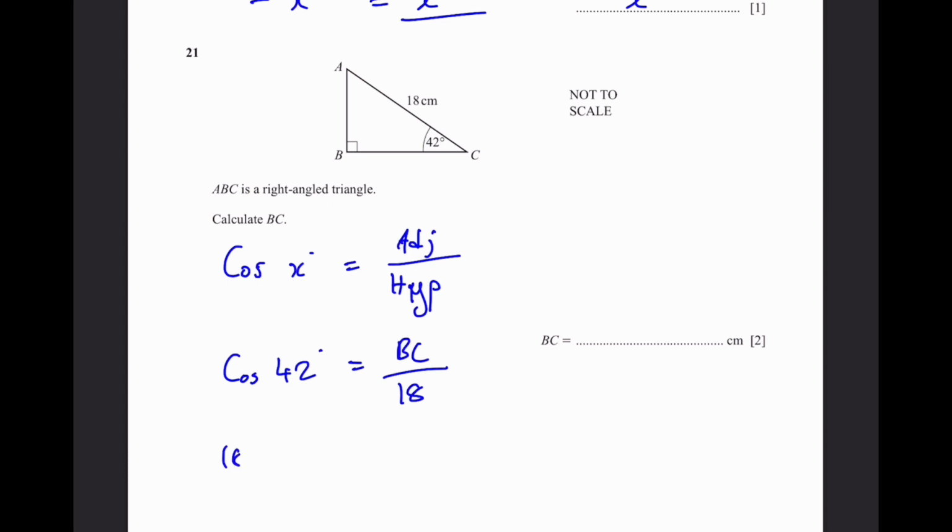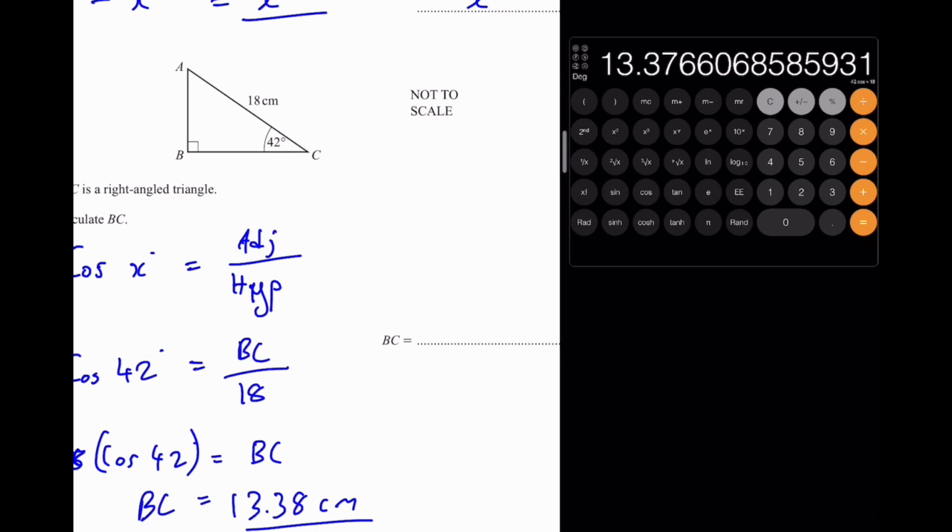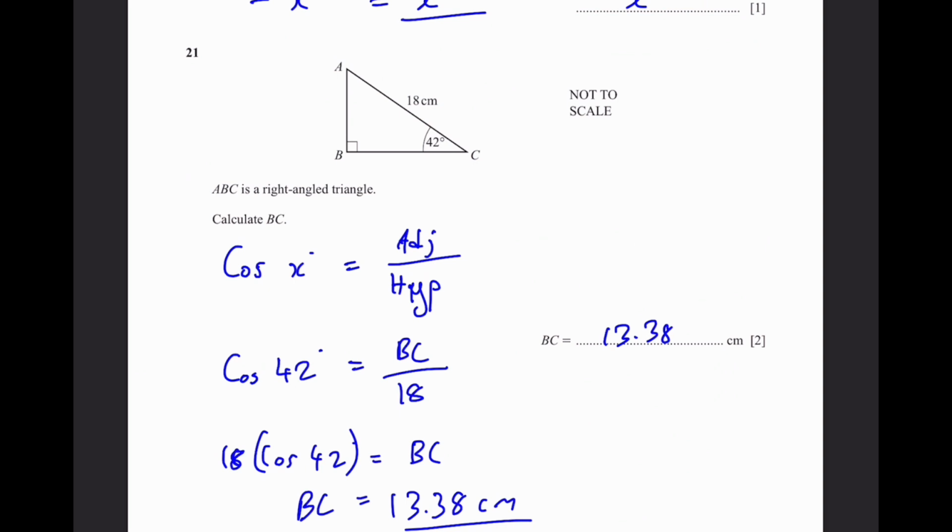So that means 18 into cos 42 is equal to BC. And that means BC is equal to, let's get a calculator out to do it, 42 cos multiplied by 18, we get 13.38 centimeters. That's our final answer, and not just for this question, also for the full paper.